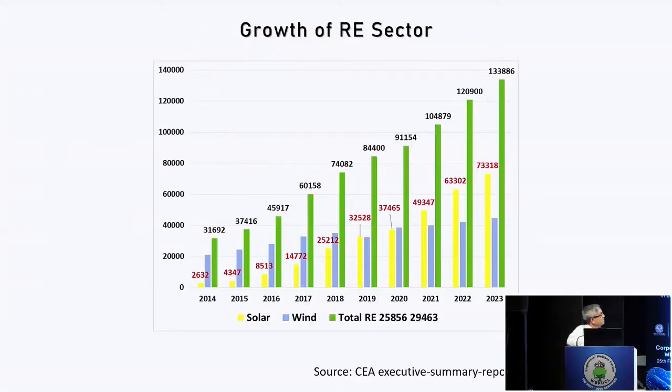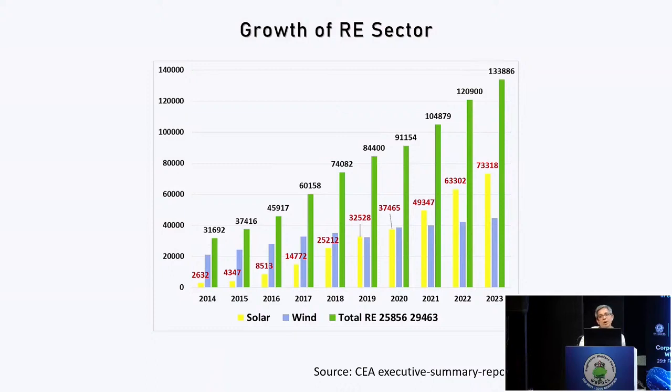Now this is the RE sector. The RE sector, you see, is growing very fast. The yellow line is solar, and the blue line is wind. Wind is not much because wind is waiting for advancement in offshore projects, I mean inside the sea. Till date, most of the wind power plants are on land. But in advanced countries, they have gone for offshore wind.